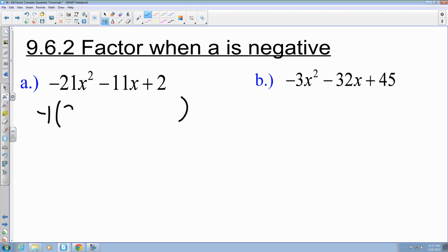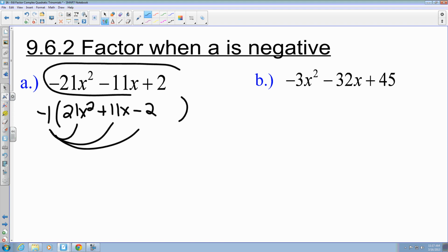So then it will give me 21x squared plus 11x minus 2. And so all I did was take out the negative, but I had to change each sign of my trinomial. So if I were to distribute this out here, I would get the exact same thing here. Okay? So now I'm going to go negative parentheses parentheses.